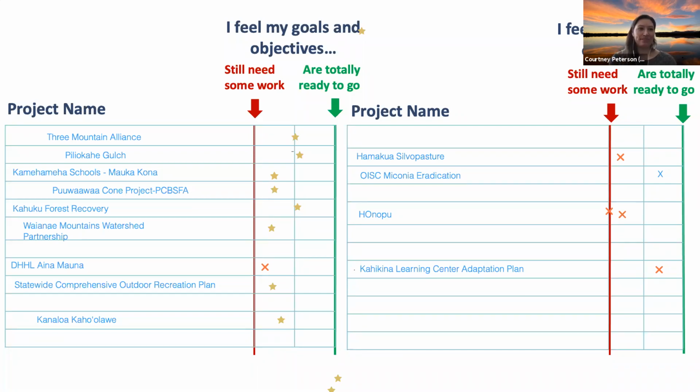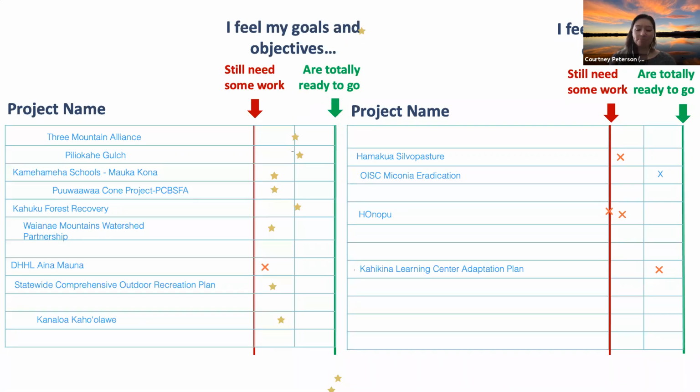Cool. Any other questions or concerns about your goals and objectives? Cool. Well, this is helpful for us. So we'll continue to reach out to you over the next couple of weeks.